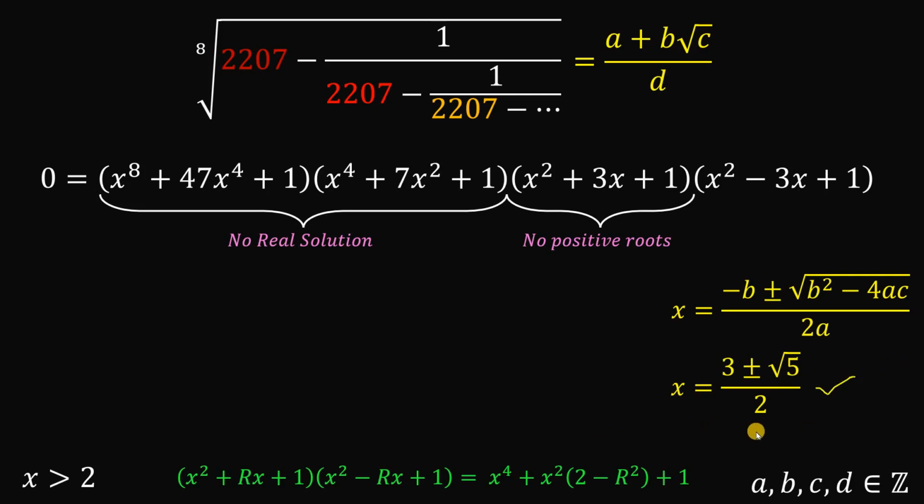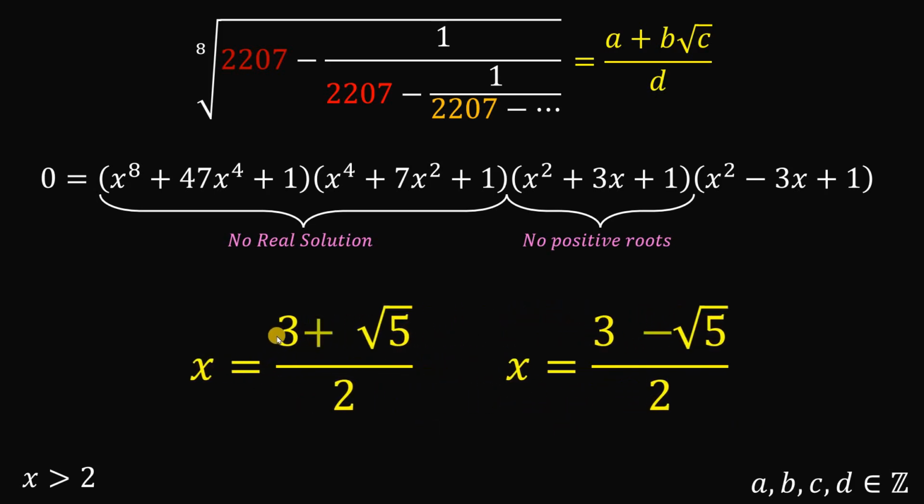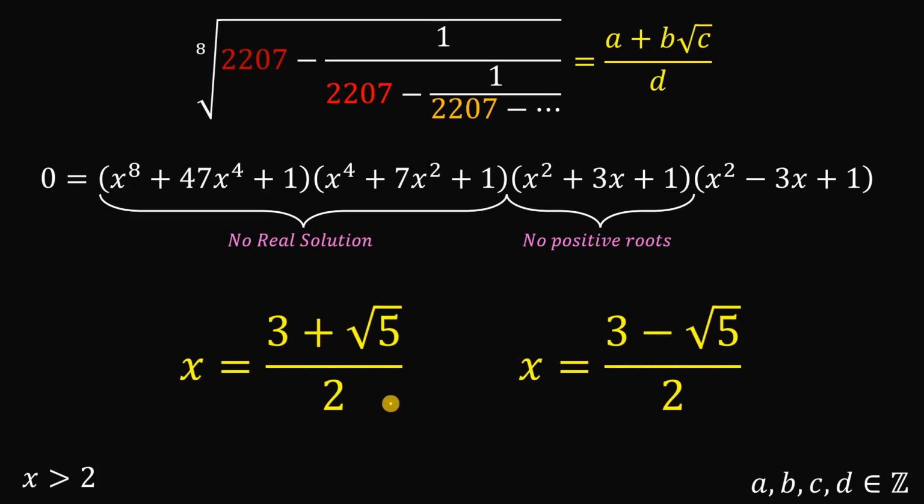Now, let's focus on this result. We found two possible values for x. We have x equals 3 plus square root of 5 over 2 or 3 minus square root of 5 over 2. Now, which one is correct? The last condition that we need is that x is greater than 2.